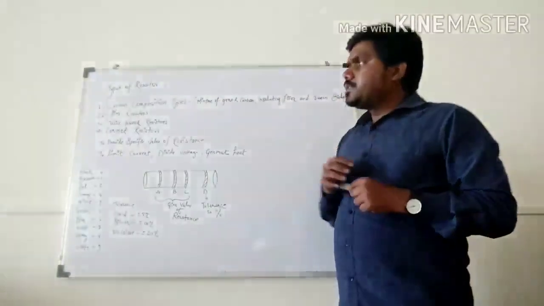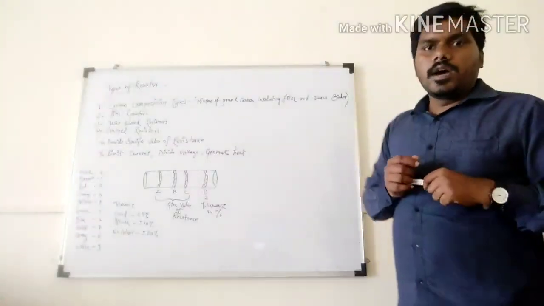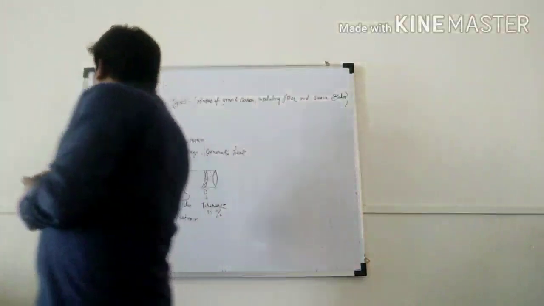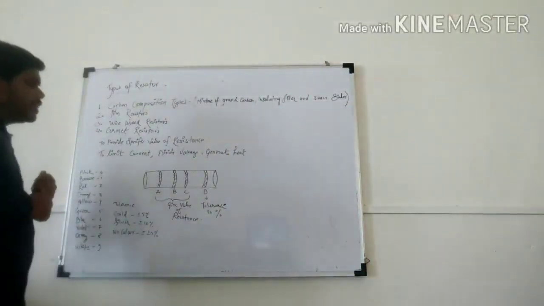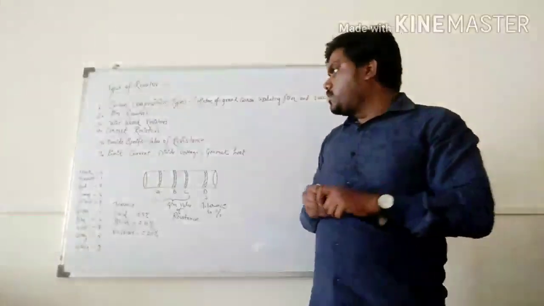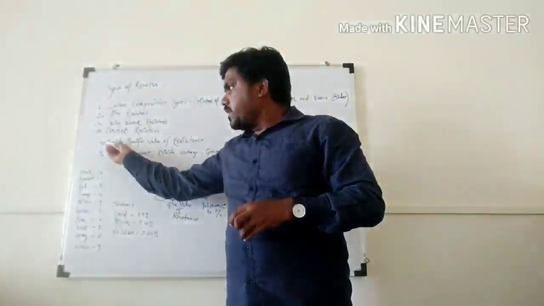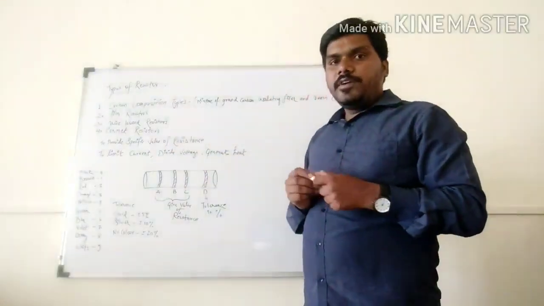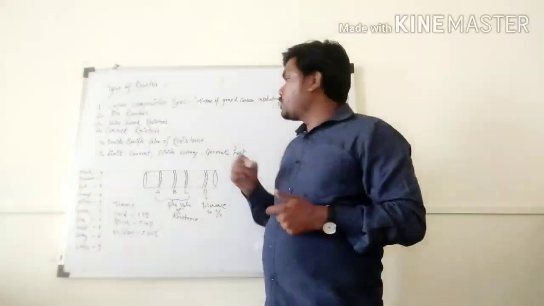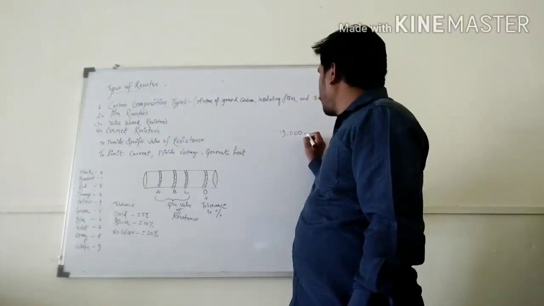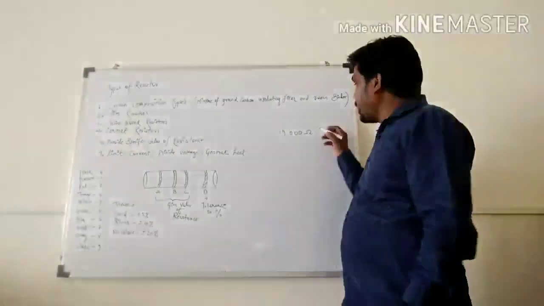Similarly, the other three are also defined. So what does this resistance value denote? It is basically used to provide a specific value of resistance. Let's suppose I want 19,000 ohms of resistance, then I can get it.